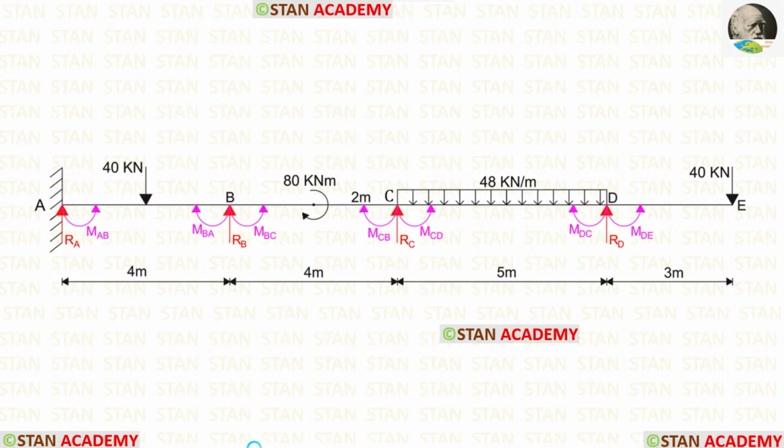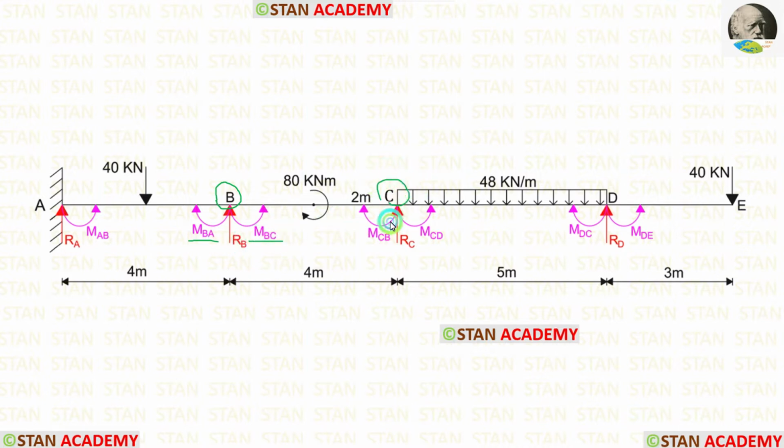In this beam, there are 7 moments we have to find. At the point A, there is a fixed support. In the fixed support, there will be a moment. Here, the moment is MAB. In the joints, there will be 2 moments. In the joint B, there are 2 moments, MBA and MBC.